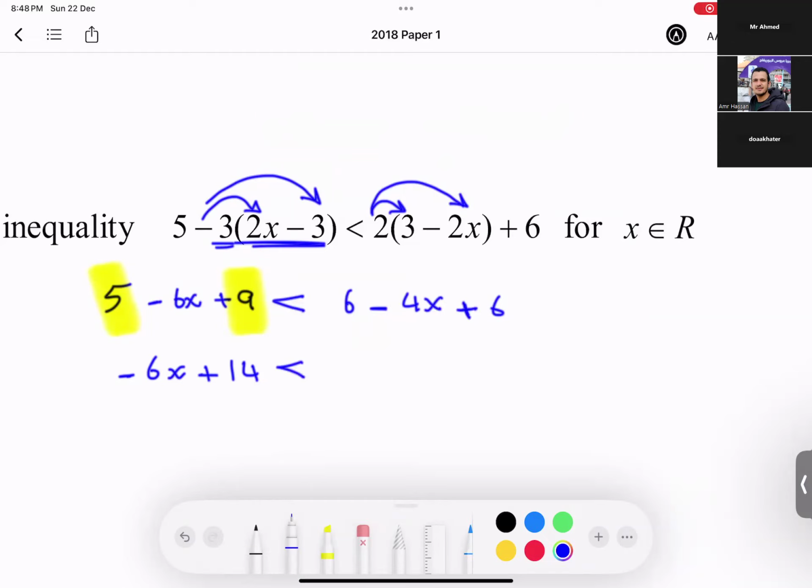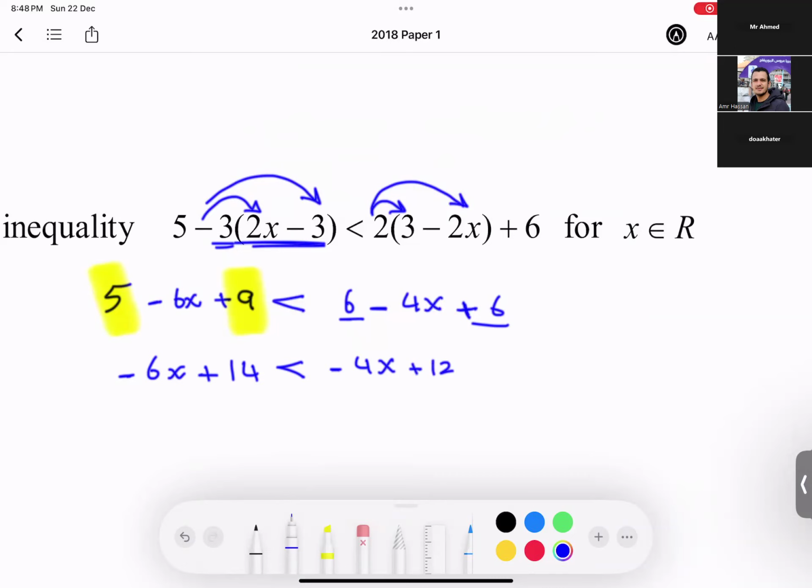Less than. Sorry? I was trying to add 5 and 9, right? Yeah, I know. Okay. And here we then have 4x plus 12, right?